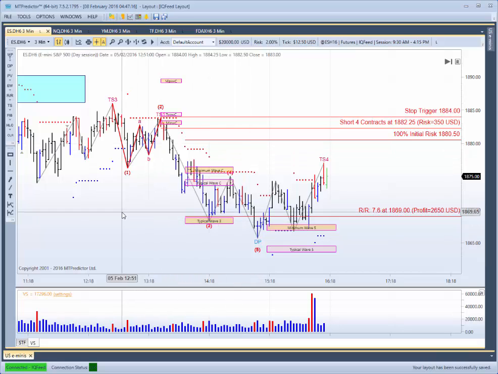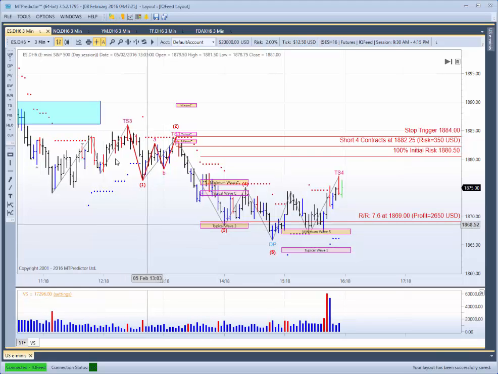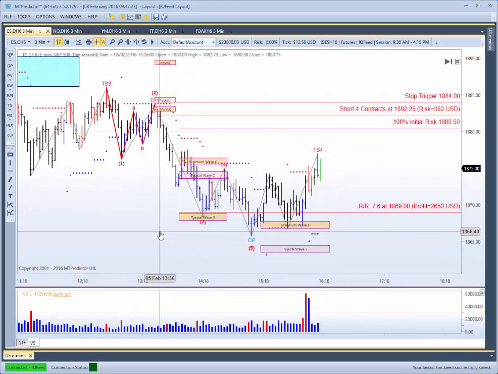And that allows you to have very good profitable days like yesterday when everything comes together and the picture's absolutely clear. So an absolutely perfect example of MTPredictor at work in the US E-minis yesterday, which quite frankly was an amazing day once you become more experienced and understand what we teach with how the market patterns unfold.